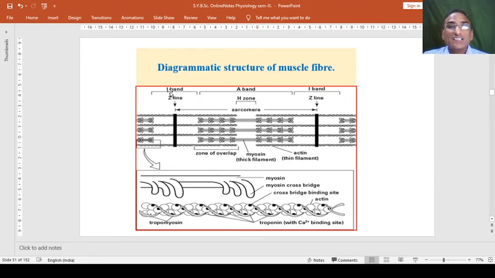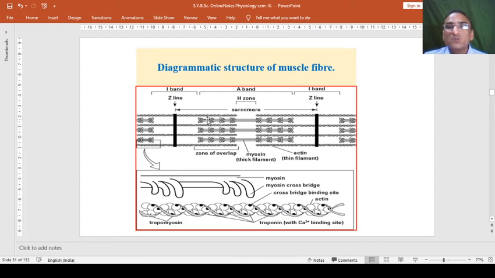So these are the I bands and the A band, and alternate I bands, because in between two I bands there is an A band, or we can say in between two A bands there is an I band. In the middle of the I band there is a line called the Z line, and, as we have seen in the previous figure, at the center there is the M line.